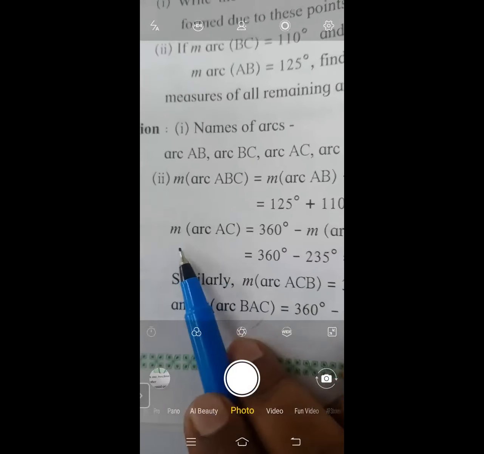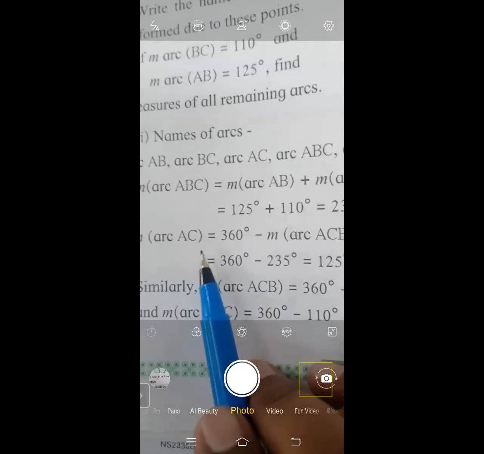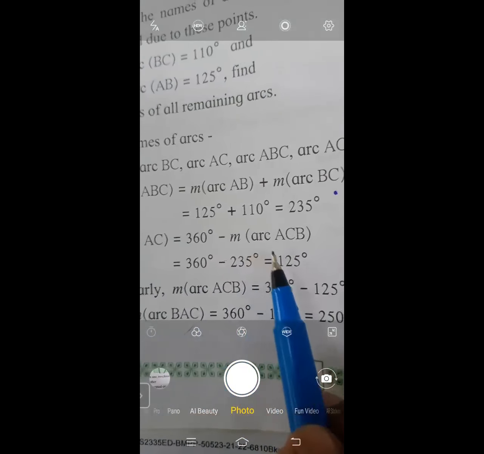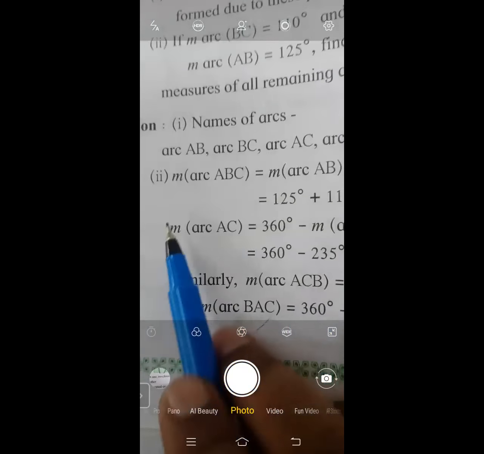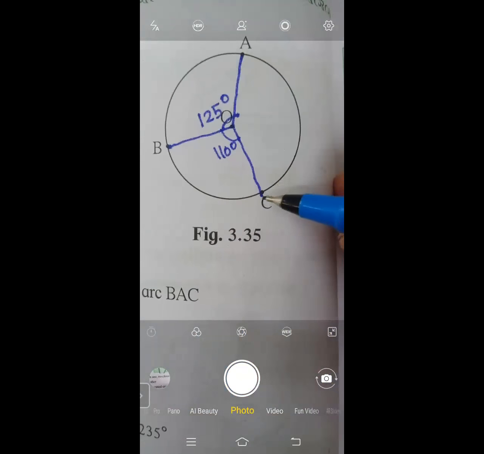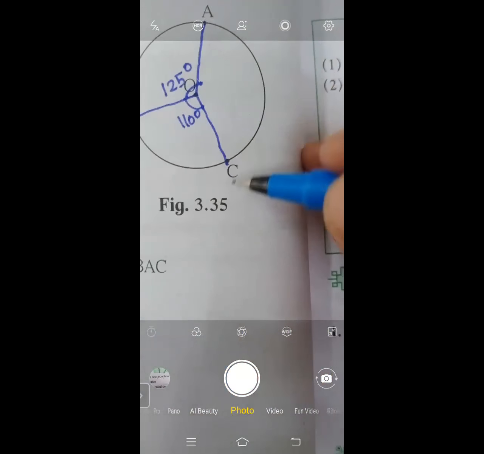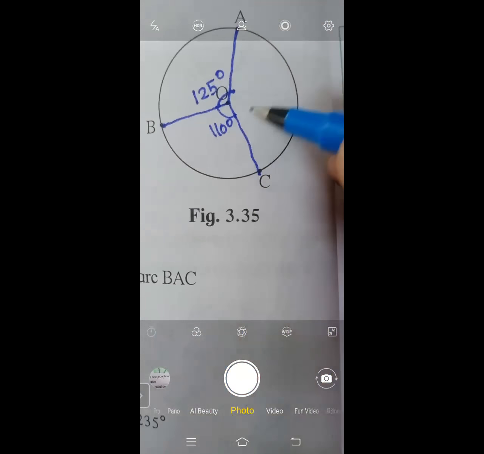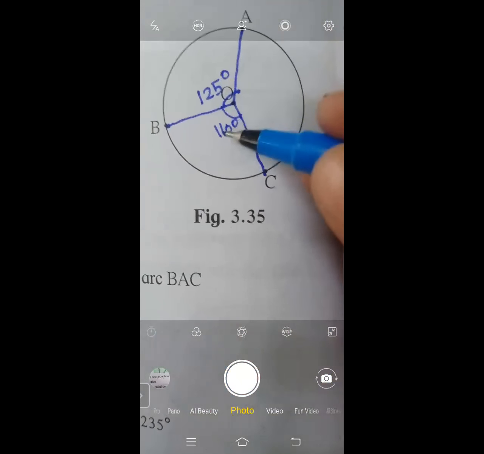Now these are simple things to remember. We have to follow the writing techniques, and we will gain full marks. Measure arc AC is equal to 360 degree minus measure arc ACB. Now we have to find measure arc AC. So what we will do is, from the whole circle, we will subtract these two.